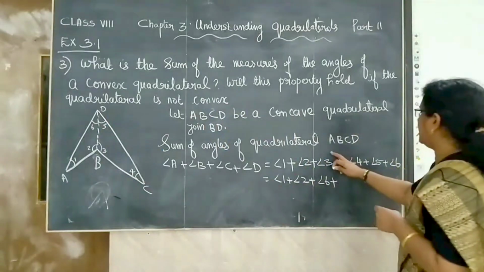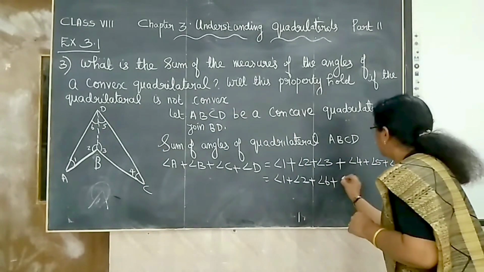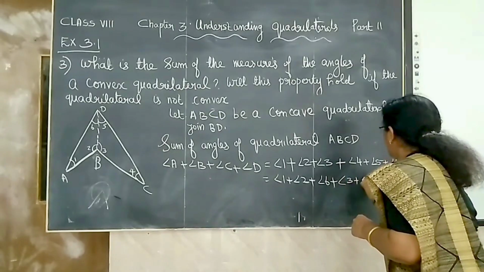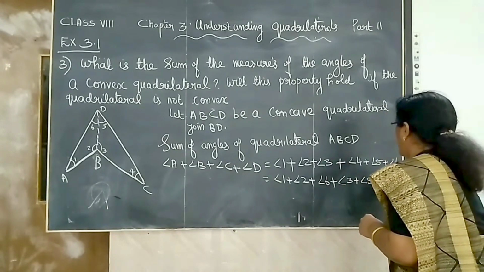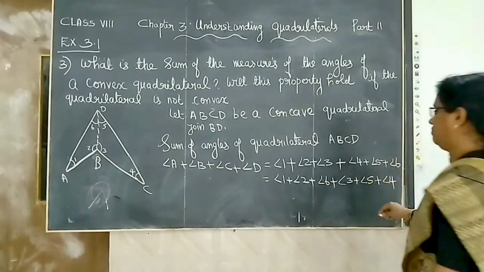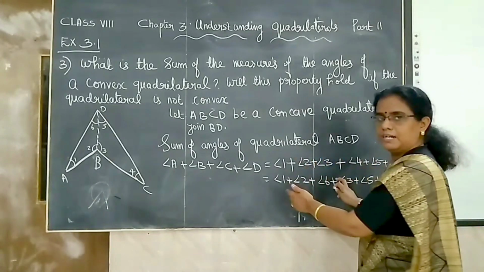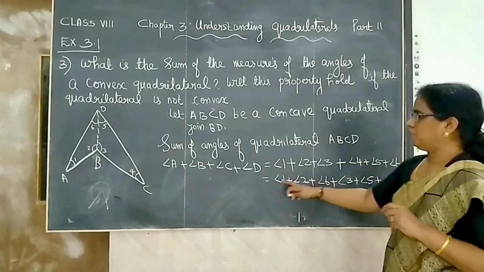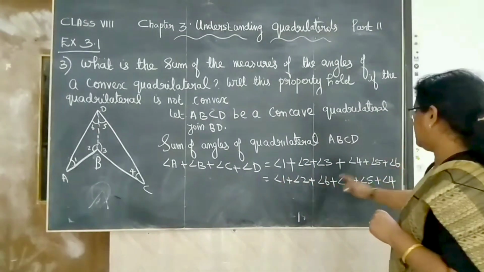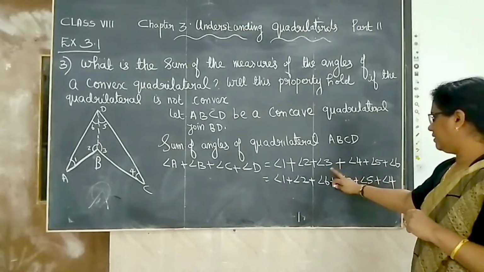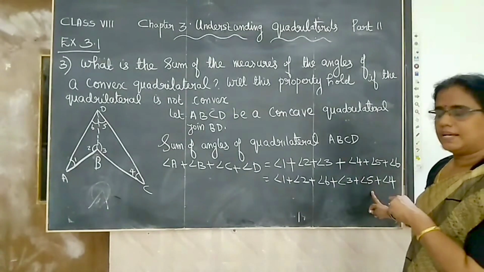These terms are written here, but we rearrange them. First angle 1 plus angle 2 plus angle 6, then angle 3 plus angle 5 plus angle 4.